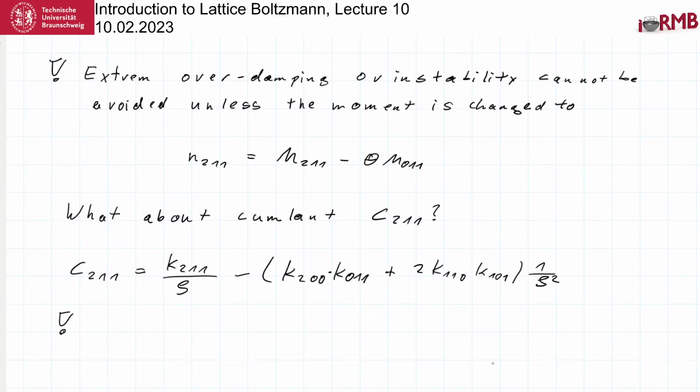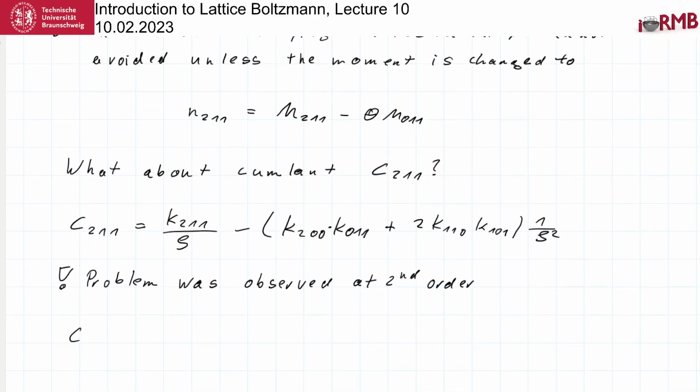Now the problem that we had is we derived the equivalent partial differential equation at second order. Yeah. So now we have to look at second order because this is where we had the problem. Okay, let's write everything to second order in diffusive scaling, of course. So to second order, this will be K211 to second order, very simple, and this here to order 0, right?